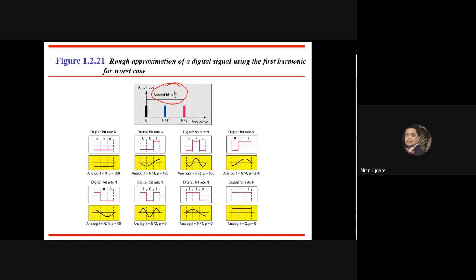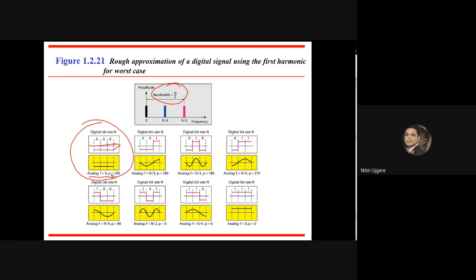So let's quickly go on. This is a digital signal's analog representation, which has three 0 bits, and you can see it is a single spike in the direction of the horizontal axis.